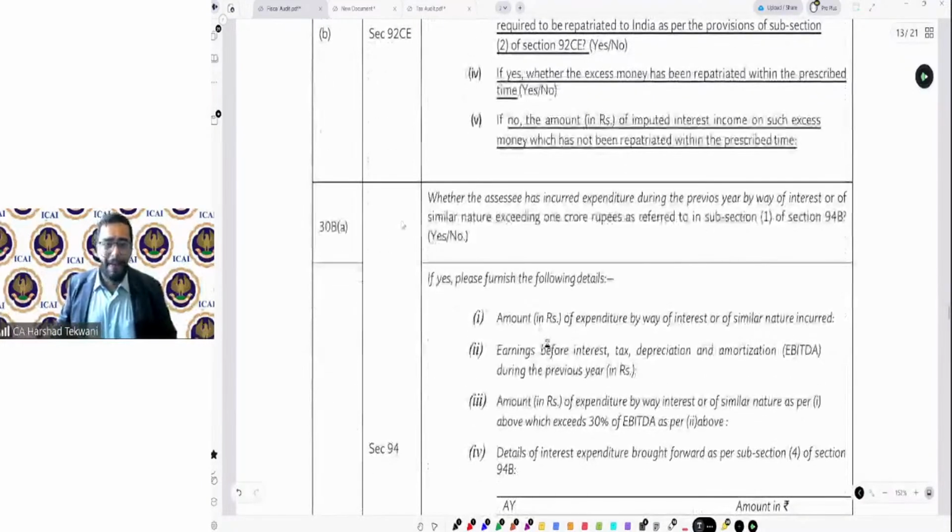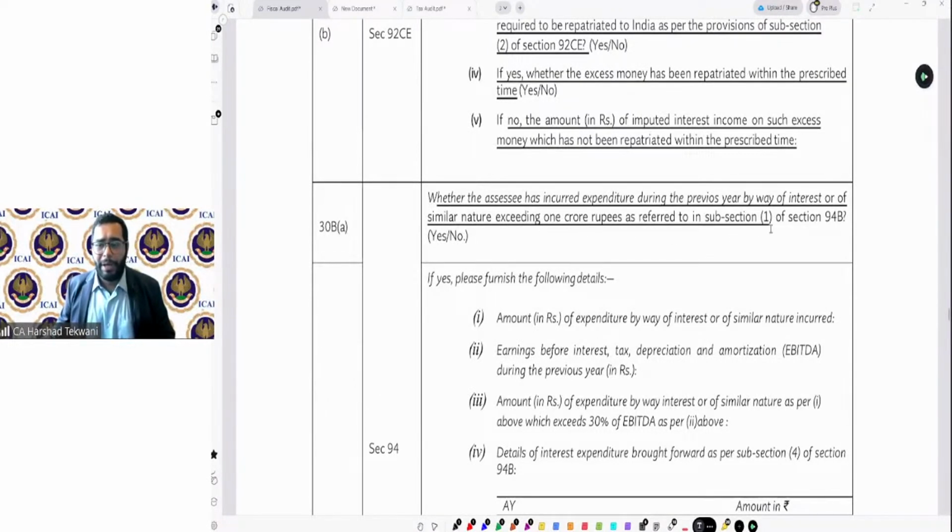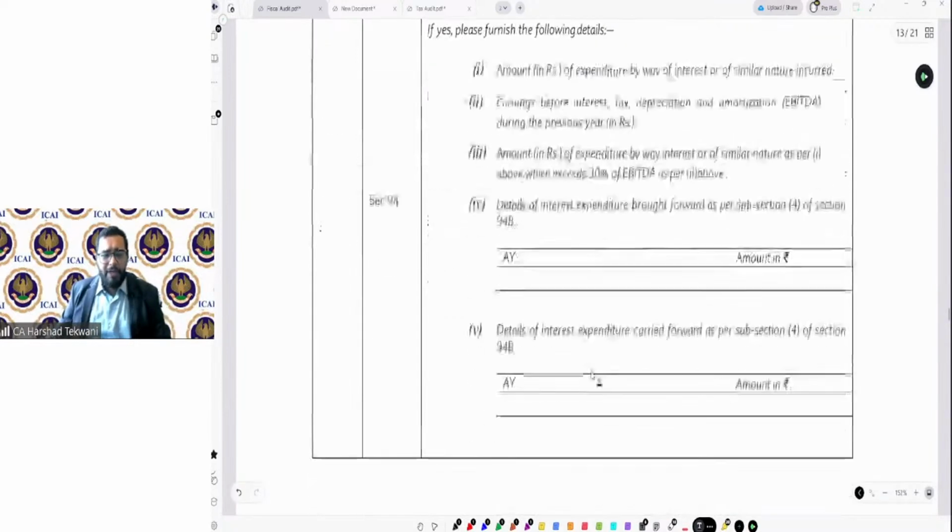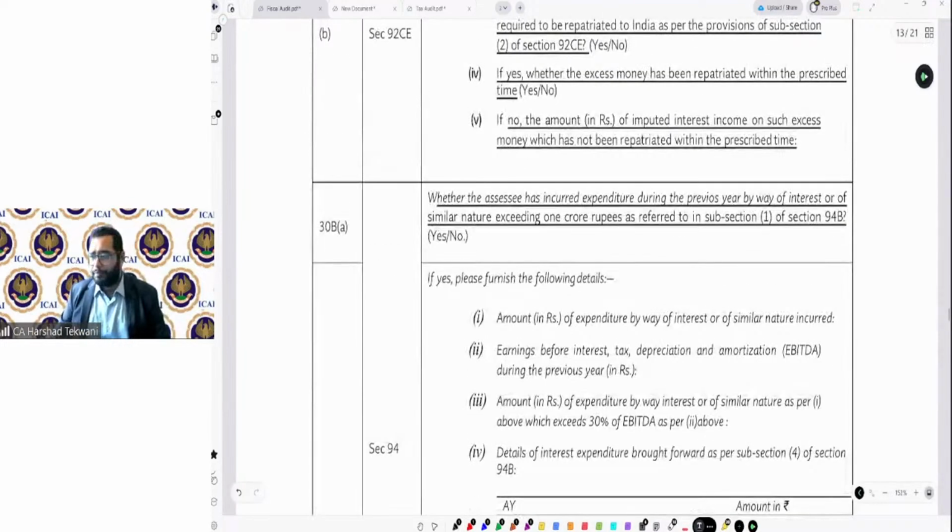Then clause 30B, whether the assessee has incurred any expenditure during the previous year by way of interest or similar nature exceeding 1 crore as referred in subsection 1 of 94B. You need to reply yes or no. If yes, then you need to provide the details of that expenditure.